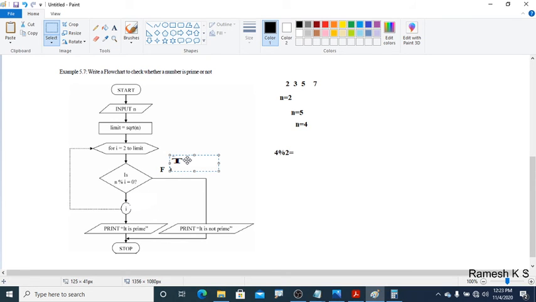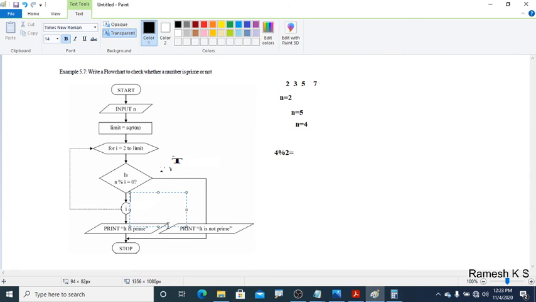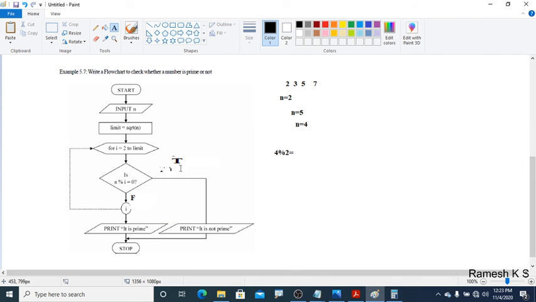I am taking true here. This is true, this is false. Once it is true, it will come down. It is not a prime number, right? 4. So this is a case. A small mistake we made.